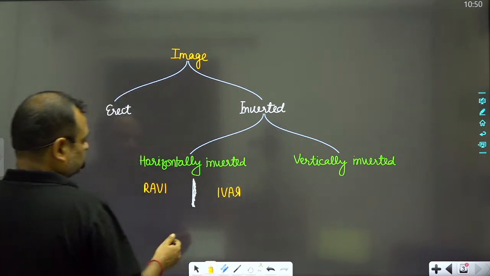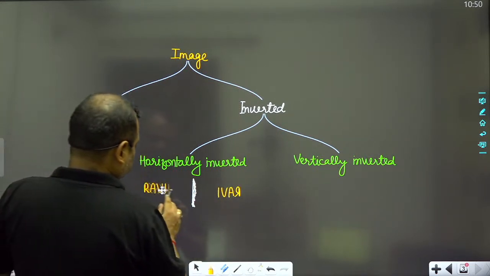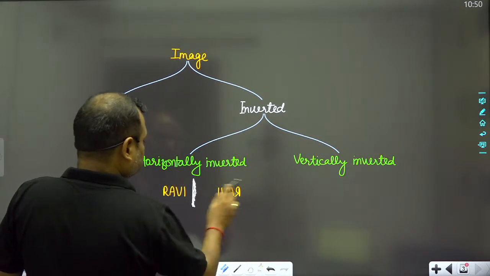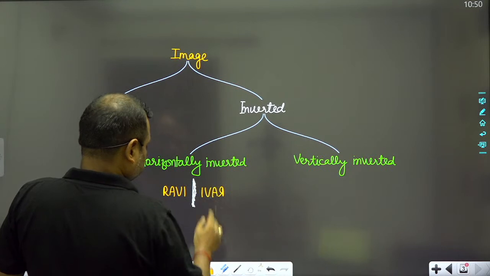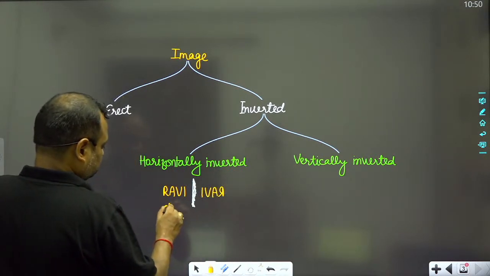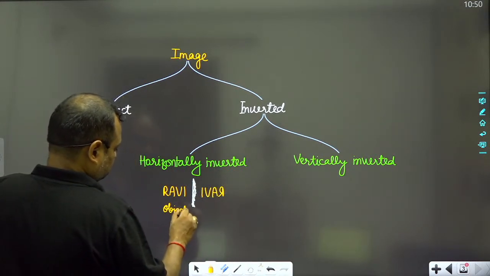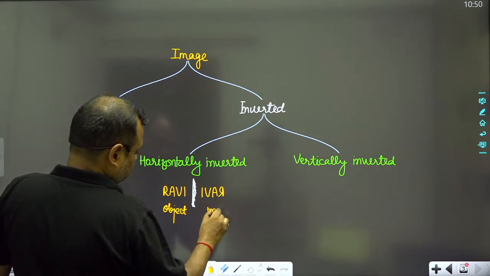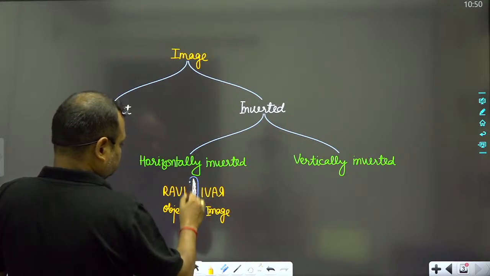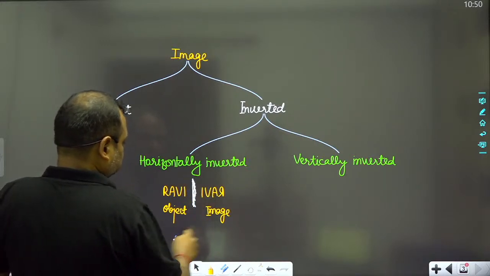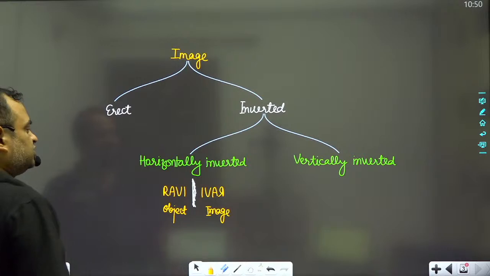You can just see here that this is the mirror image. So this is the object and this is the image.